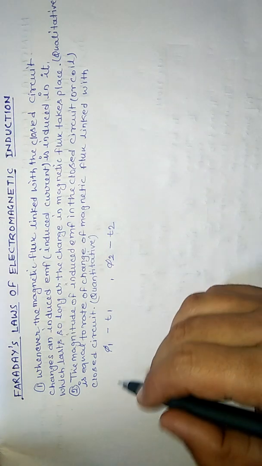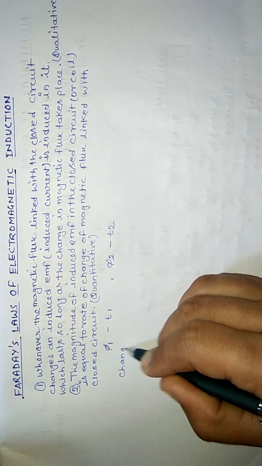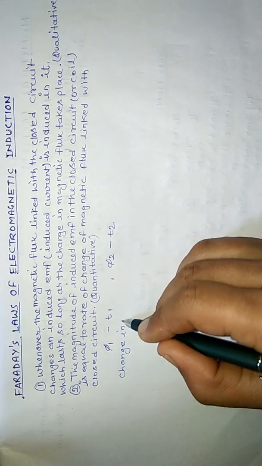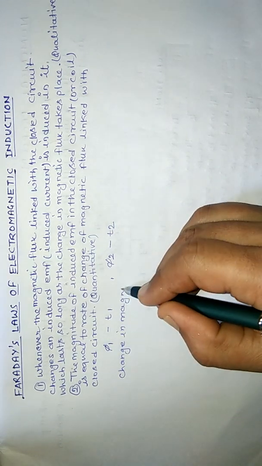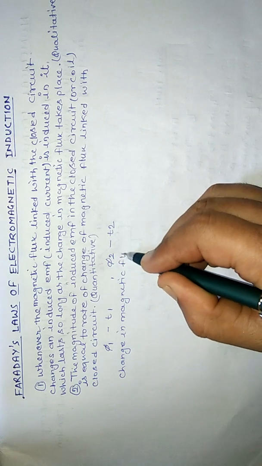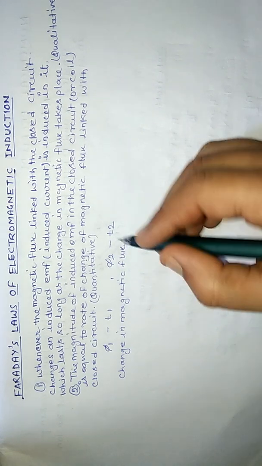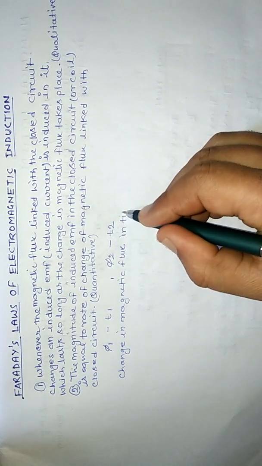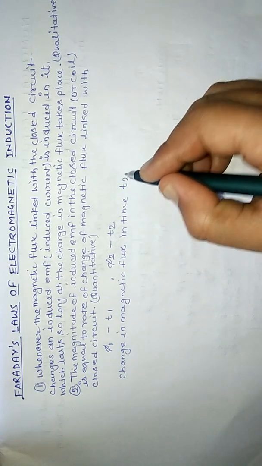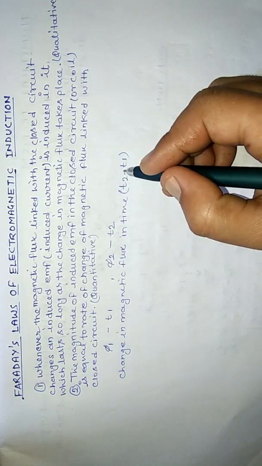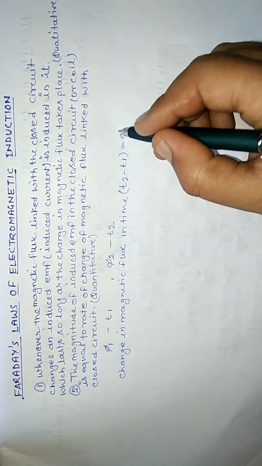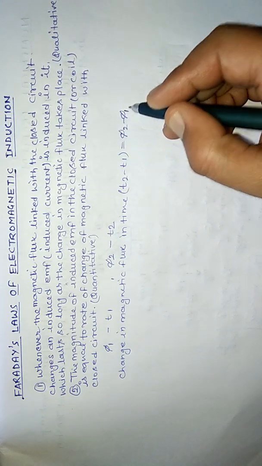Then the change in magnetic flux in time t2 minus t1 will be equal to phi2 minus phi1.